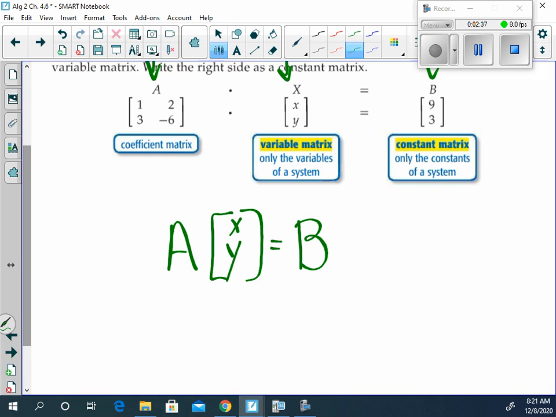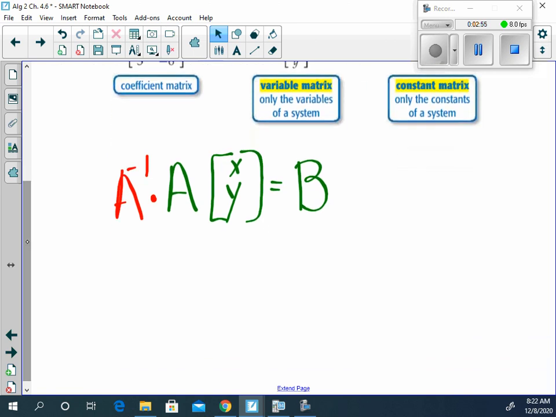Now, if I multiply by an inverse, if I multiply by A inverse, what do we know about A inverse times A? A matrix times its inverse. What do we get? If they are inverses, it wouldn't be 0. It would be our what?